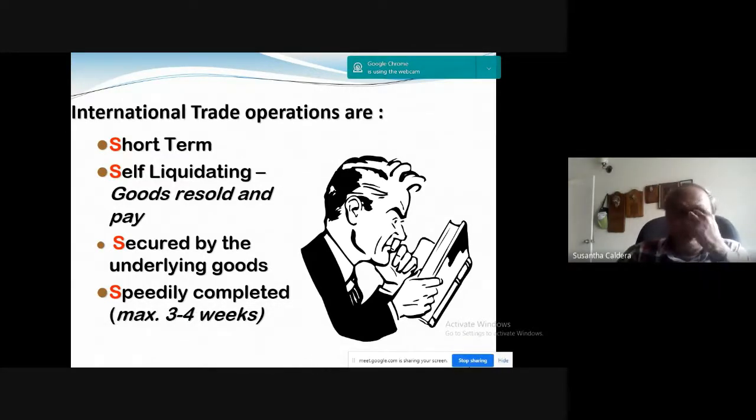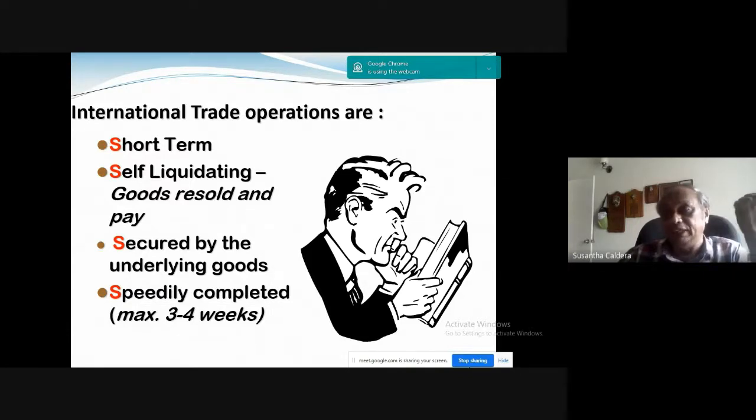Now this is a 4S, right? First S is short term. All our trade operations, as we learned last week, are maximum 180 days. Maximum 180 days. 99.9% of the transactions. So it's short term.